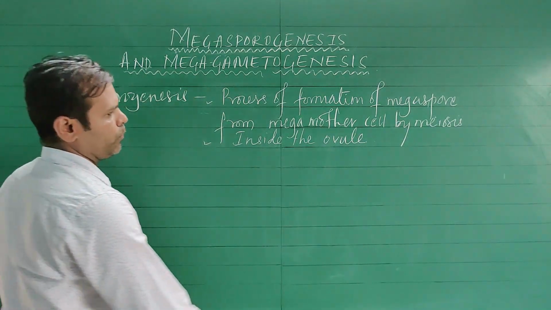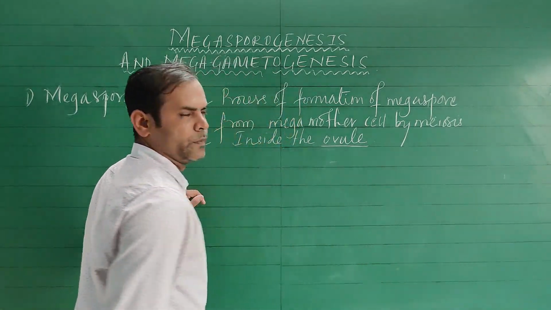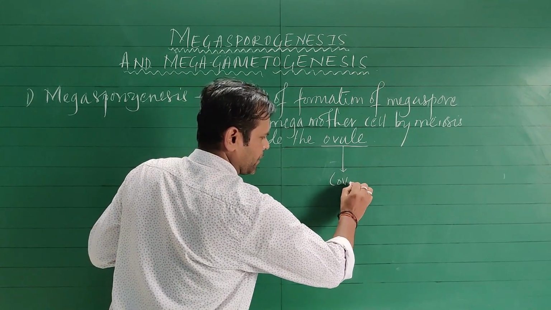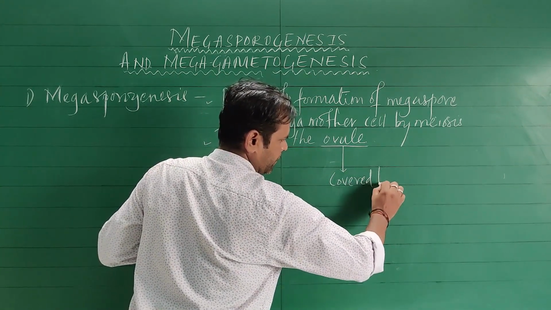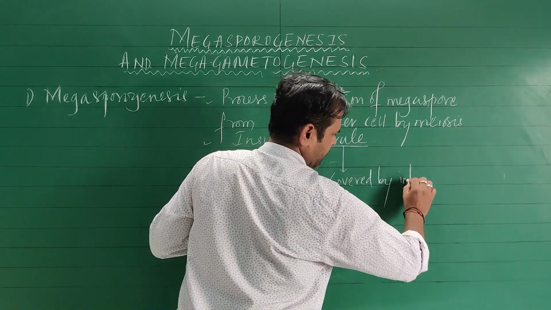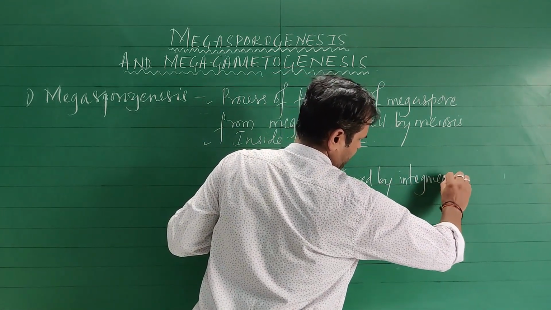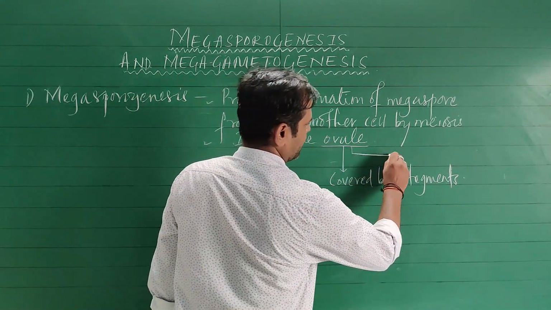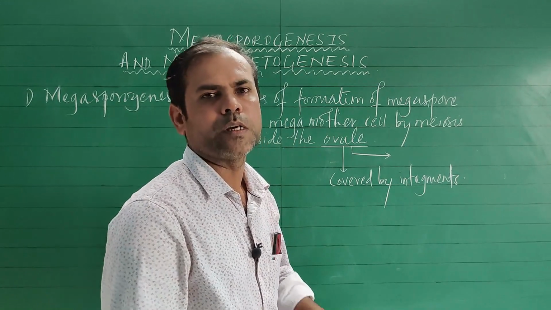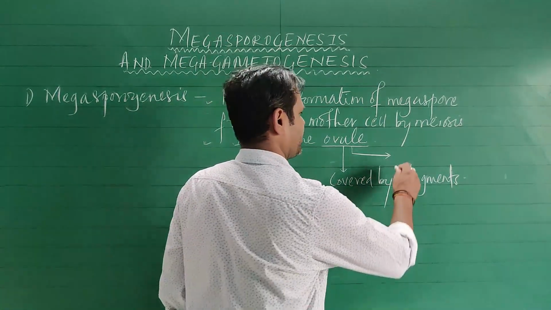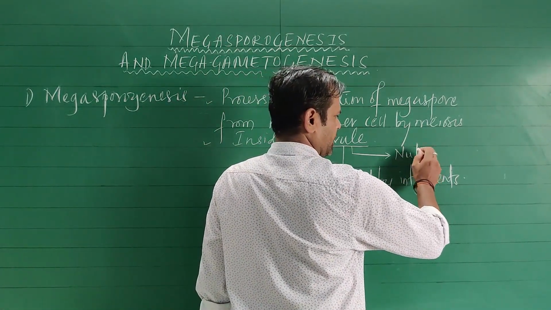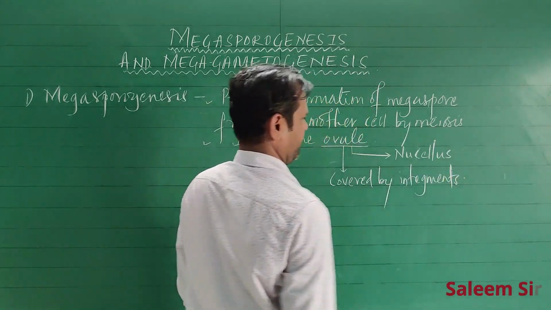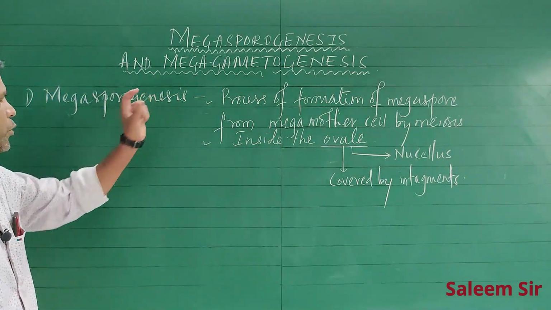Now, we all know this ovule is covered by integuments, and second, it consists of nutritive tissue called nucellus. Now, what happens in megasporogenesis?